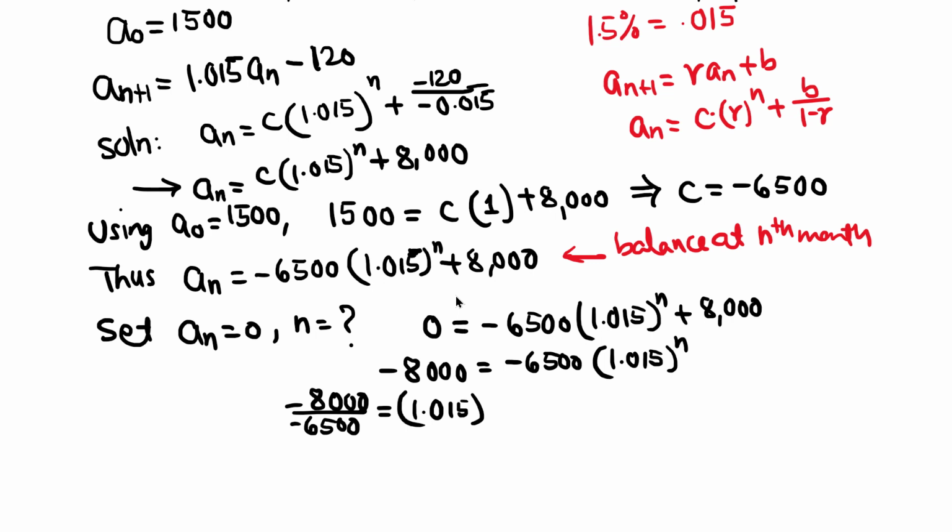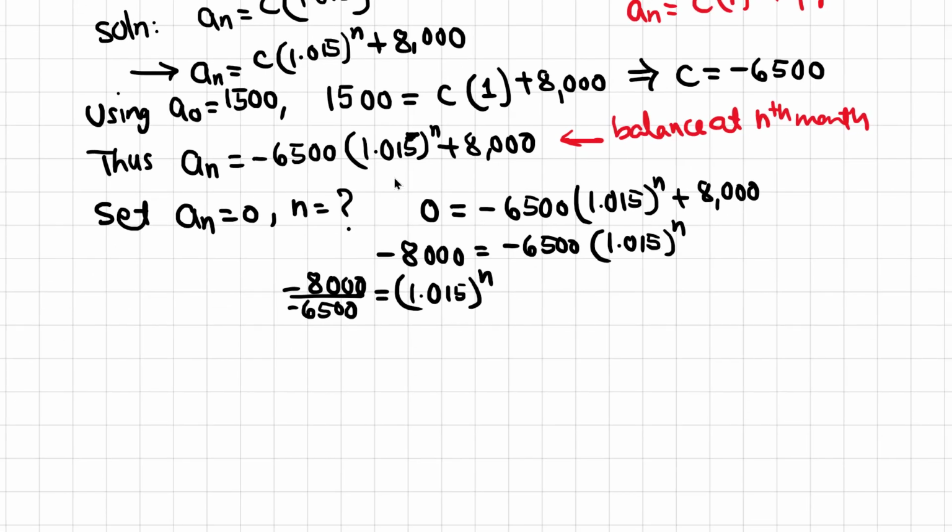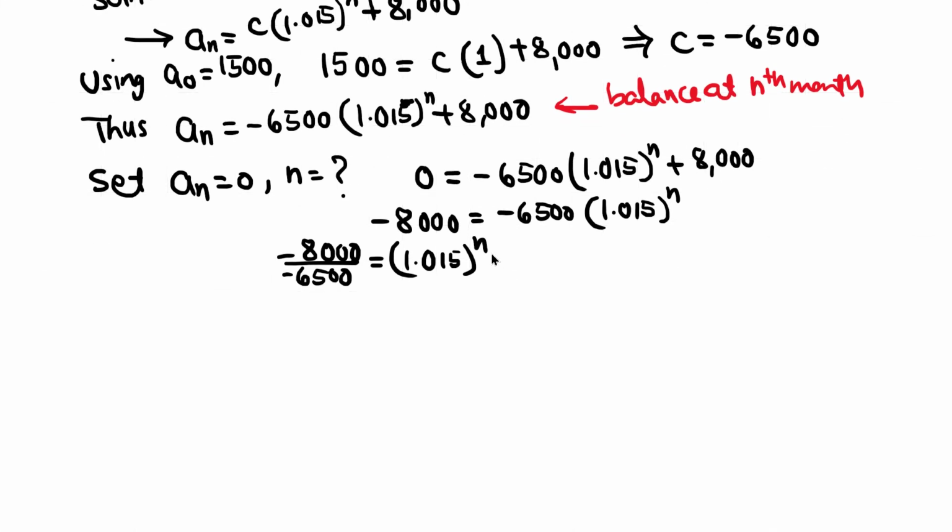1.015 raised to n. Okay, now our n is in the exponent, so we need to take natural log to get rid of this n or bring n to the bottom. So negatives cancel. We can also cancel two zeros, so take ln both sides.